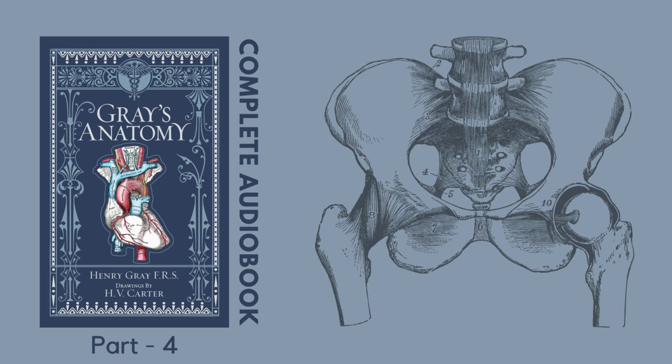A bursa intervenes between the deep surface of the ligament and the part of the bone immediately above the tuberosity. Posteriorly, the condyles are separated from each other by a shallow depression, the posterior intercondylar fossa, which gives attachment to part of the posterior cruciate ligament of the knee joint.